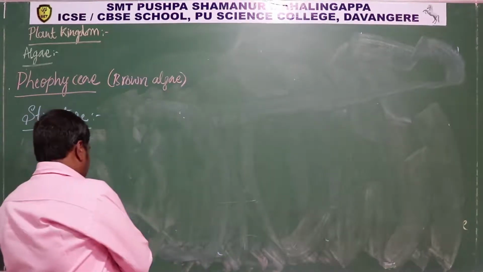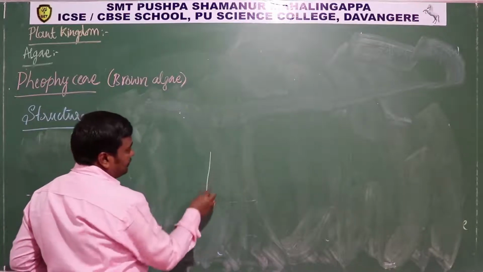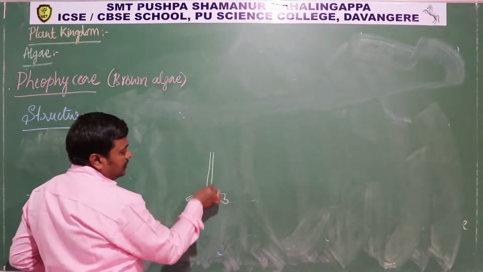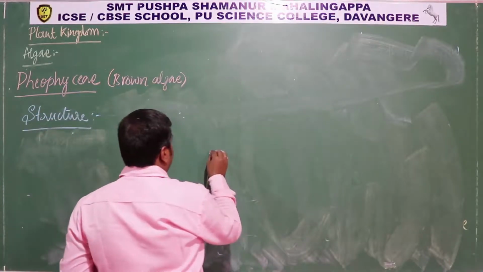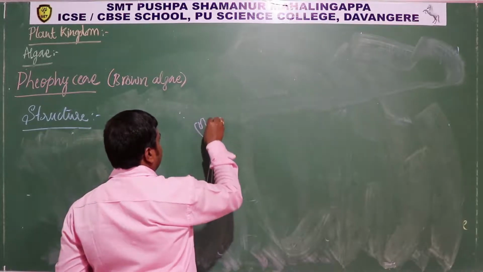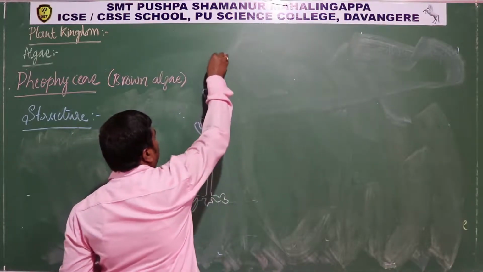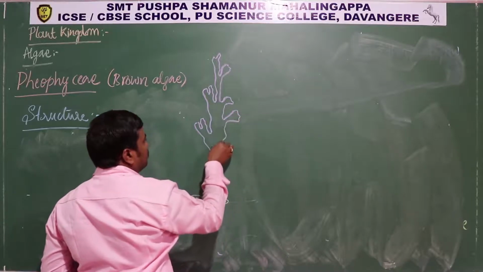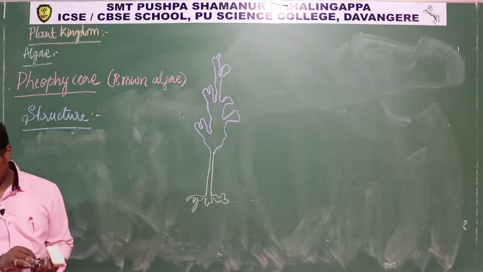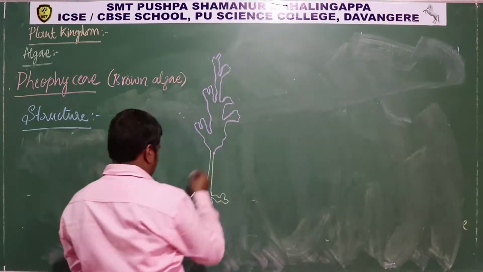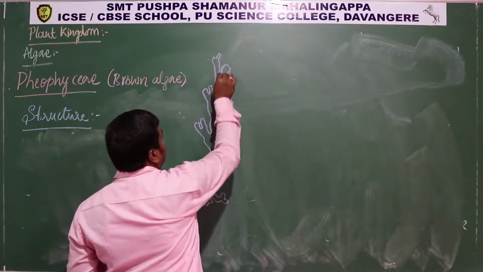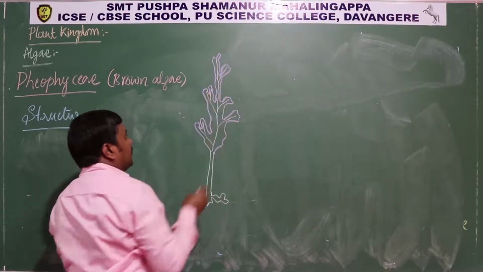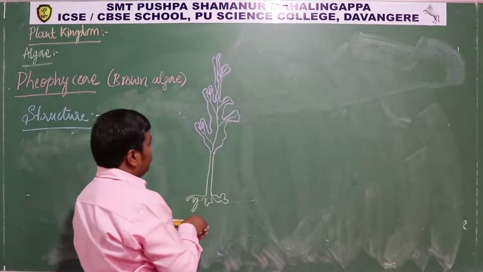So let's draw some structure. Similarly, they have a stipe and hold fast. Then they produce the branches. So branches are like this, and they have the structure like this. And they are also provided with some air bladders.